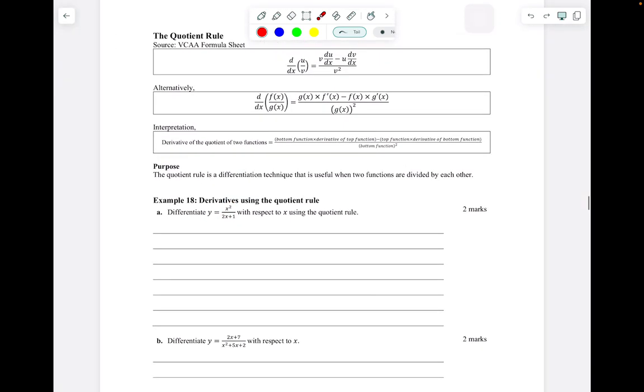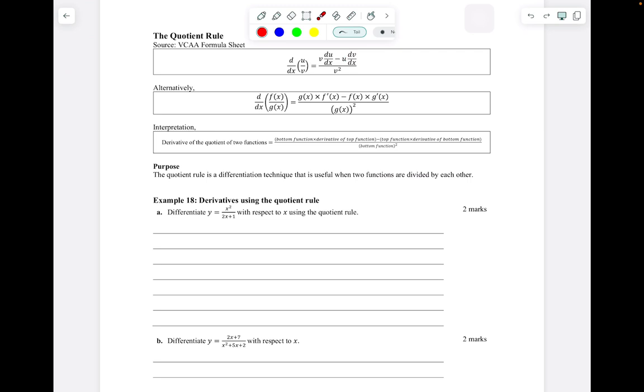This is the rule from the VCAA formula sheet. Similarly to the product rule, you would see a function that is u and a function that is v. It goes as follows. You must start with v first. V times du dx. The reason why we need to start with v is because we are subtracting u times dv dx.